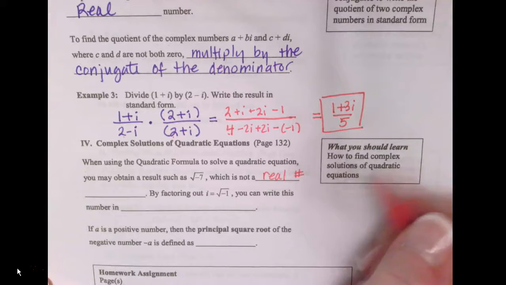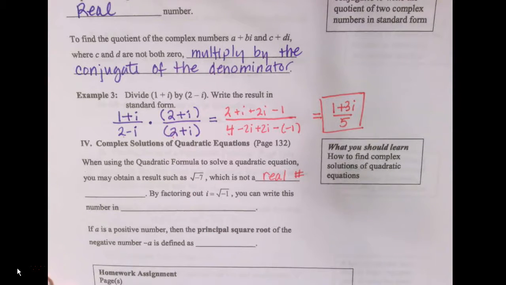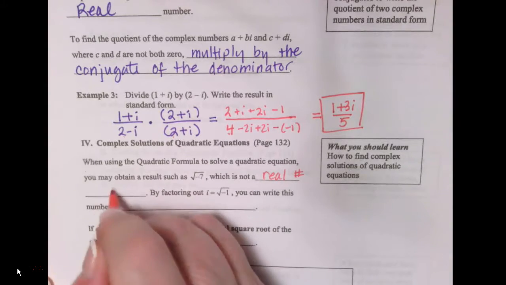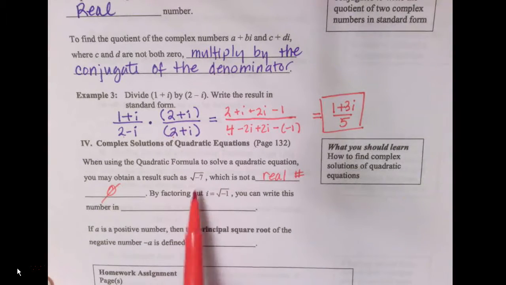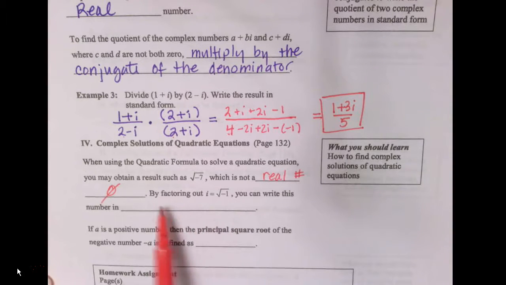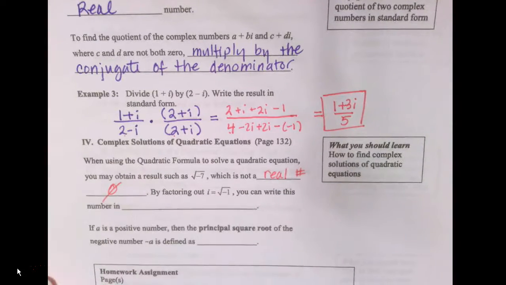It's not irrational because it has that negative underneath. And we've always had to restrict the domain and say, oh, well, I guess that means it's no solution. But now, and you've learned this in Algebra 2, by factoring out that i is the square root of negative 1, you can write this number in, let's see, what vocabulary are we looking for?